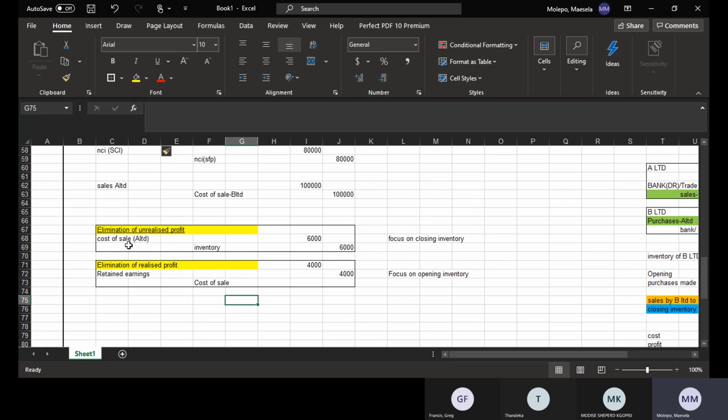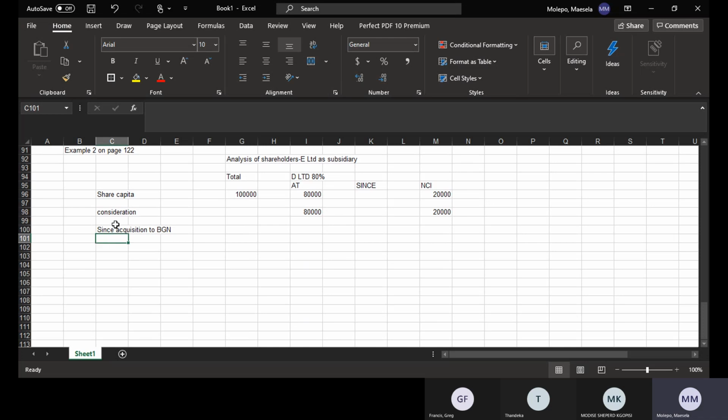They had the cost of sale and the inventory as the closing part. So whatever you closed, you need to open. So we open with the 40,000, which was a closing last year and now became an opening.